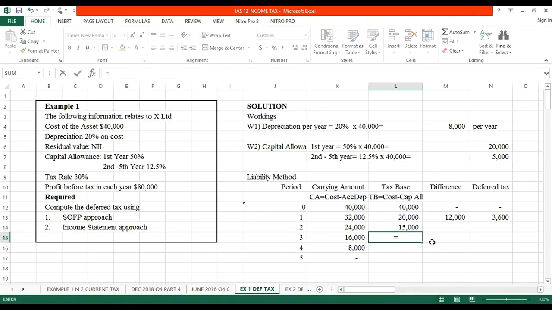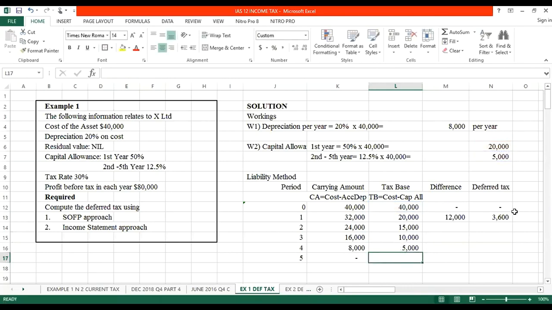Tax base in year 3 is cost of the asset minus capital allowance in year 1 minus capital allowance in year 2 minus capital allowance in year 3. Next, tax base is equal to cost of the asset minus capital allowance in year 1, year 2, year 3 and year 4.